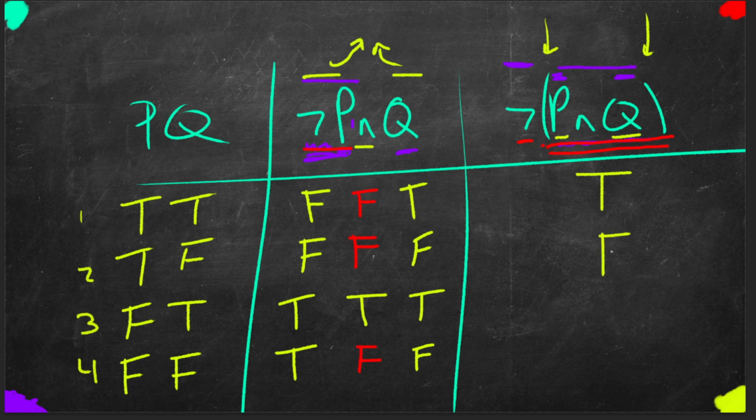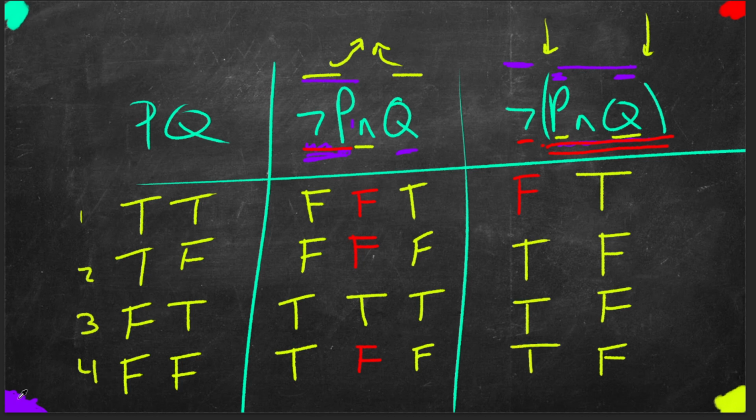And in all other cases, it comes out false. Now that I've determined the truth value of P and Q, I will take the truth values here and run them through this negation function. And what do I find? What I find is when negation takes a value of true, it gives me false. And in all other cases, it will come out as true.